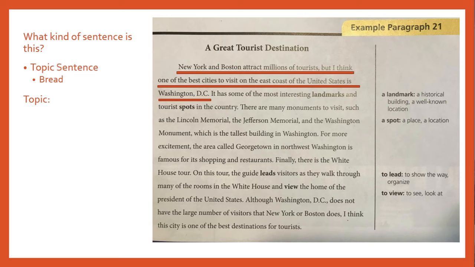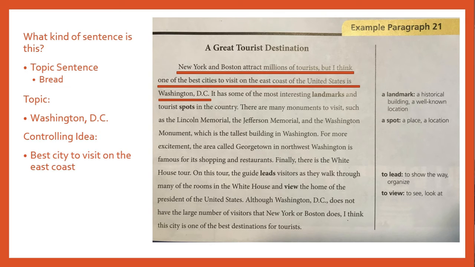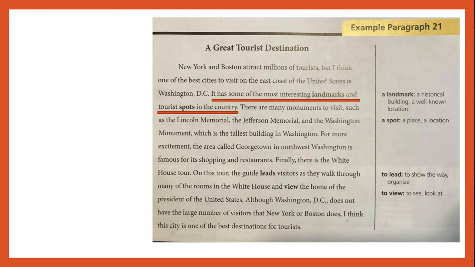So the topic of this paragraph is Washington, D.C., because all of the sentences later on, we haven't gotten there yet, but you'll see these are all in relation to Washington, D.C. And the controlling idea, what every sentence in the paragraph says about the topic, Washington, D.C., is what makes Washington, D.C. the best city to visit on the East Coast. So now that we've identified the topic and controlling idea of our first sentence, we can move on to the next one.